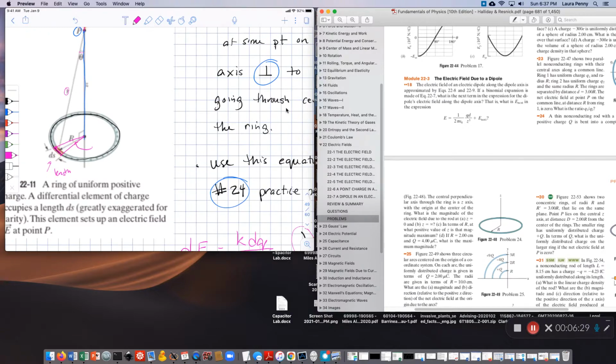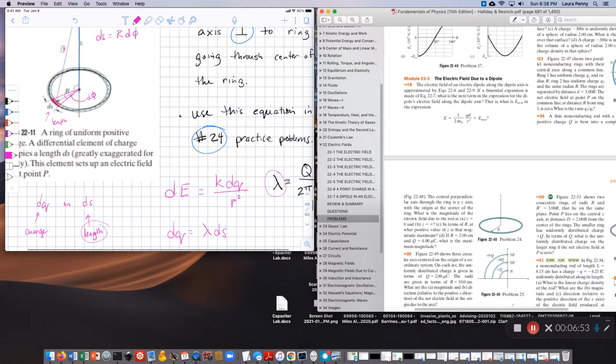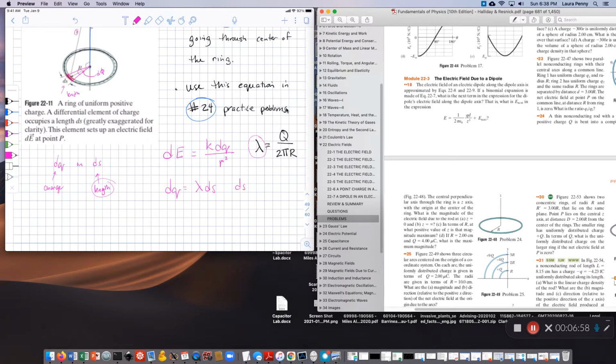I'm going to call this little angle d phi. The relationship between ds and d phi is essentially we multiply by r. So r times that little angle will give me the arc length ds. So I can write that down here as well: ds is r d phi.